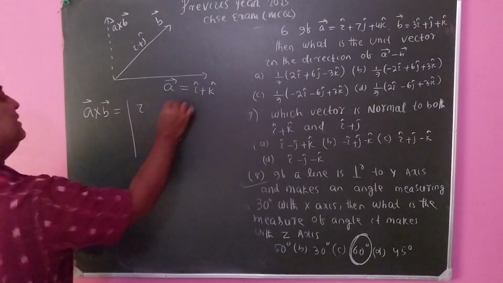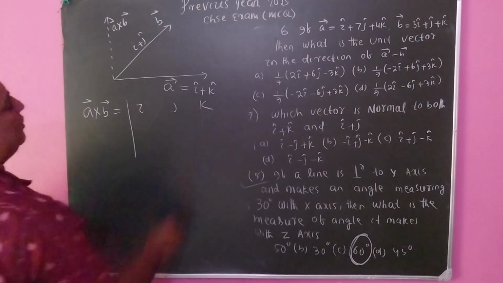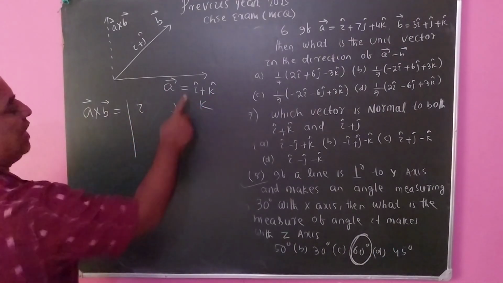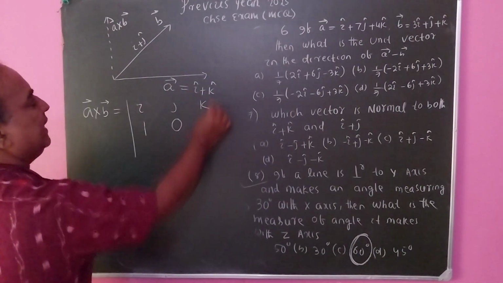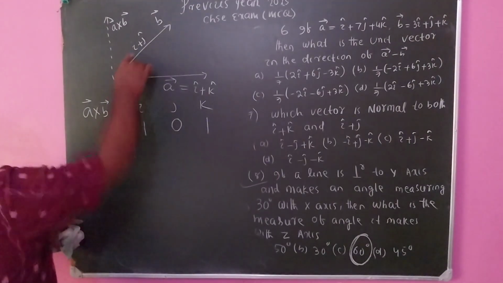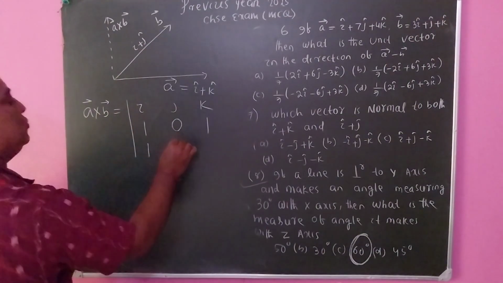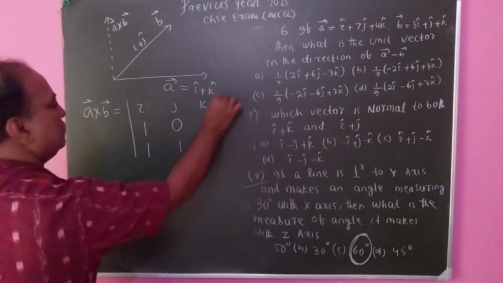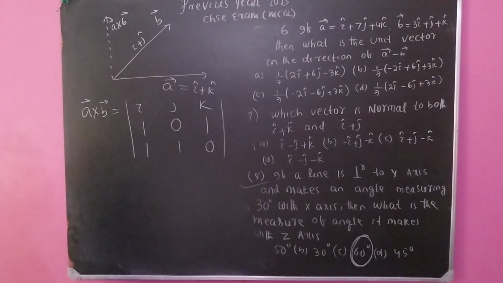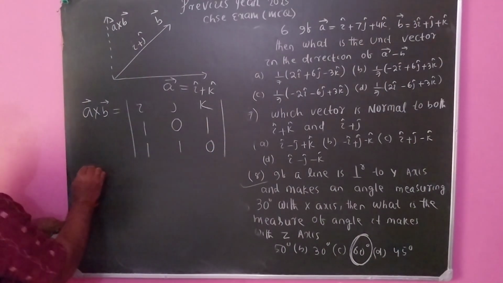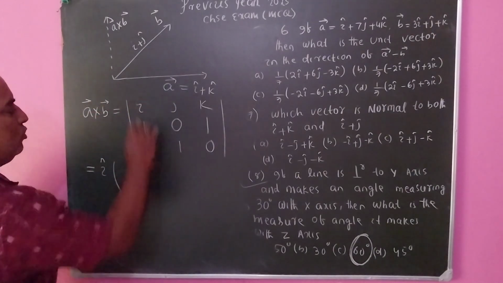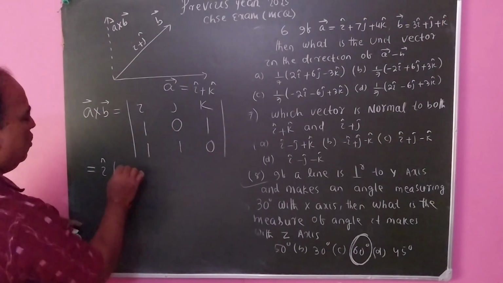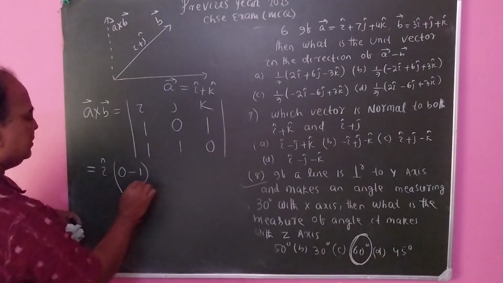i cap, j cap, k cap. The components of A vector: i is 1, j is 0, k is 1. Here i is 1, j is 1, k is 0. Okay, now evaluating the determinant: i cap, you have to drop this row, 0 minus 1, so here it is minus 1.